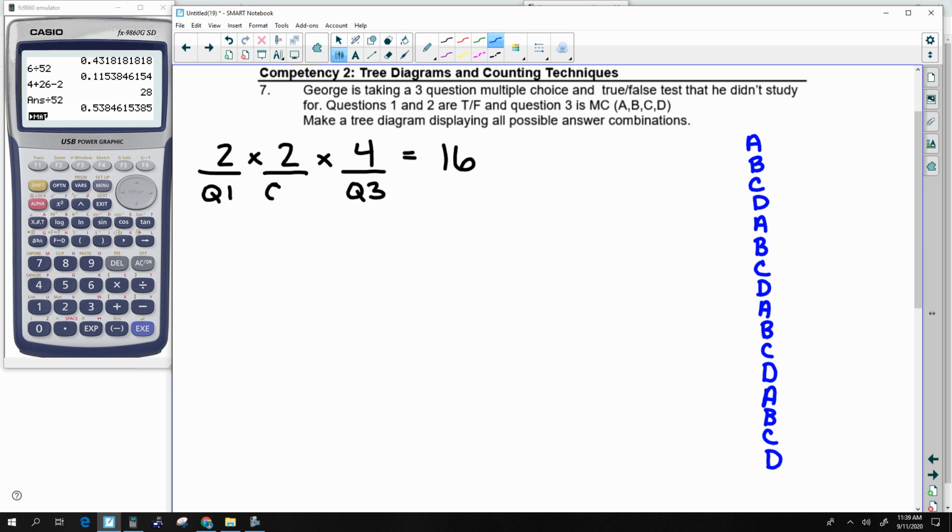Okay, 16 grand total options. That is of question 3. That is a family of 4. So I linked those together.